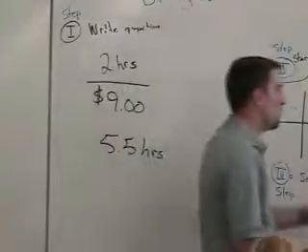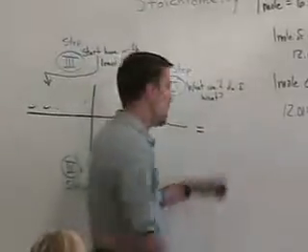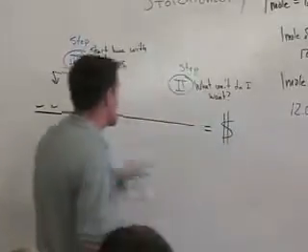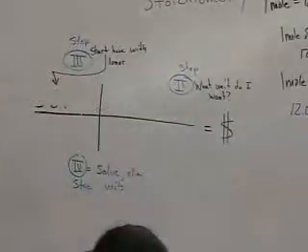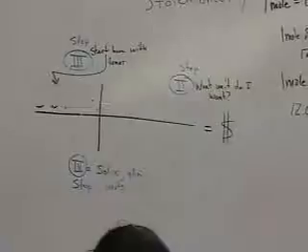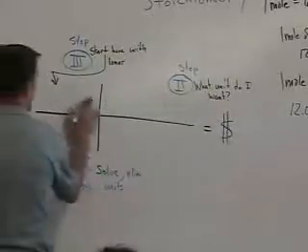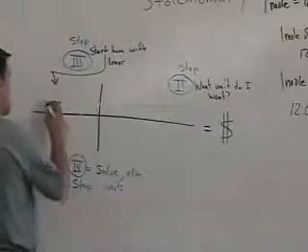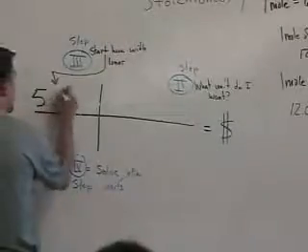Step 2, what do I want? I want money. Who doesn't, right? Step 3, where's my loaner? You tell me. 5.5 hours, right?